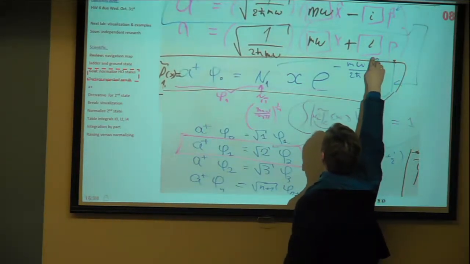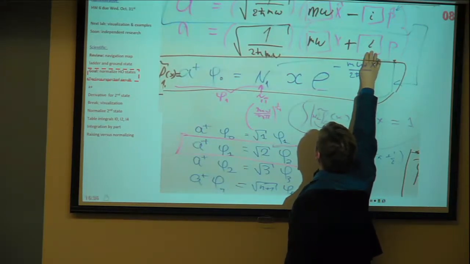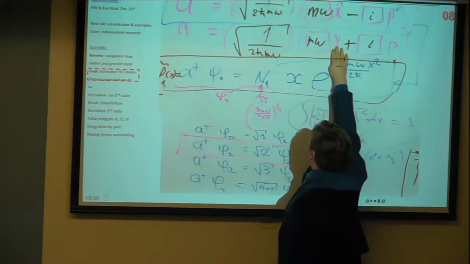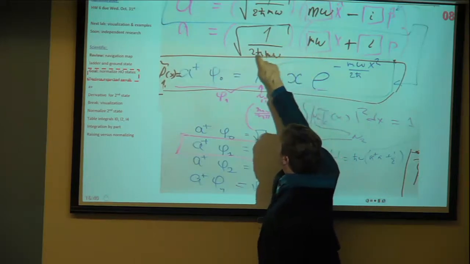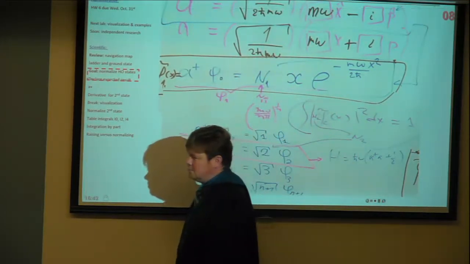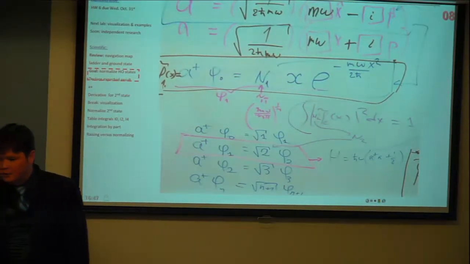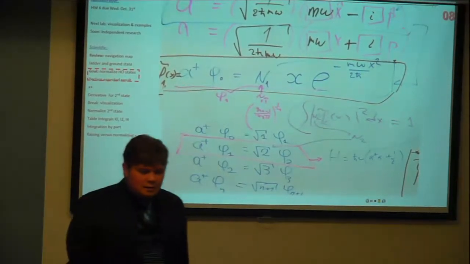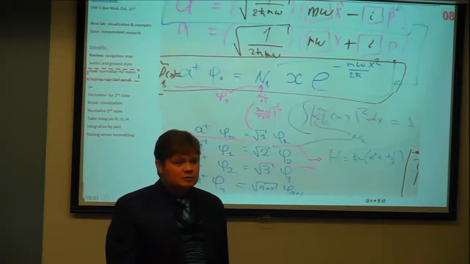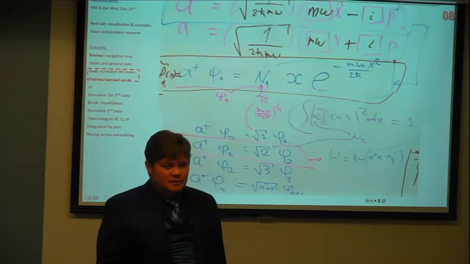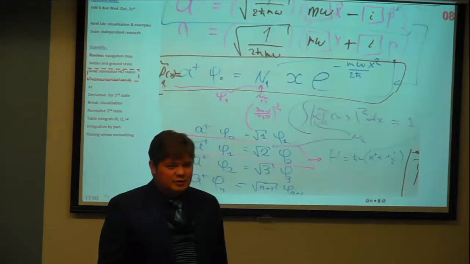Momentum has an imaginary factor, and position has mass times frequency, with an overall dimensionality factor going out of the brackets. These operators, raising and lowering, are dimensionless. These factors are there to make dimensionless position and dimensionless momentum and then add them together.